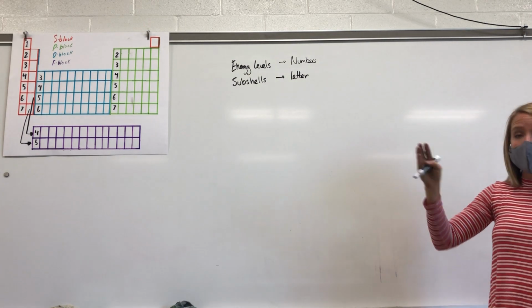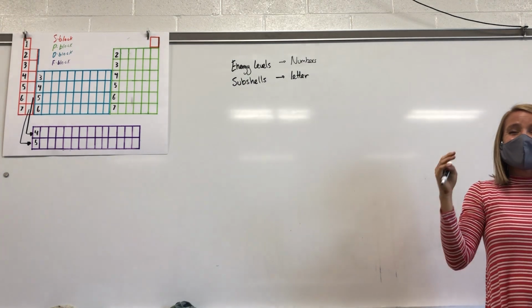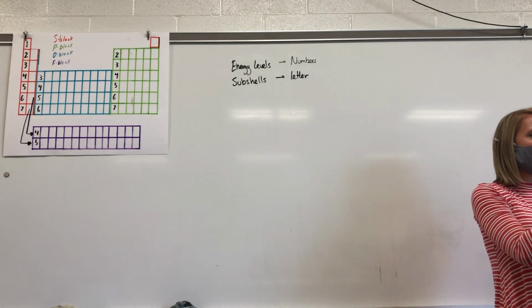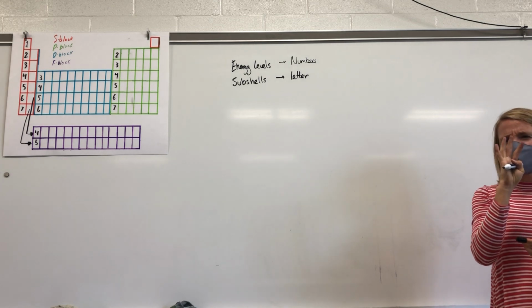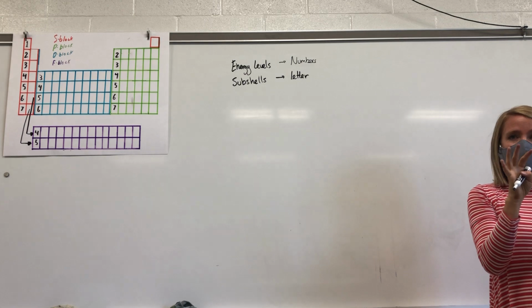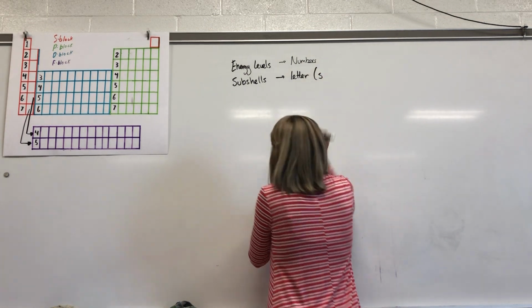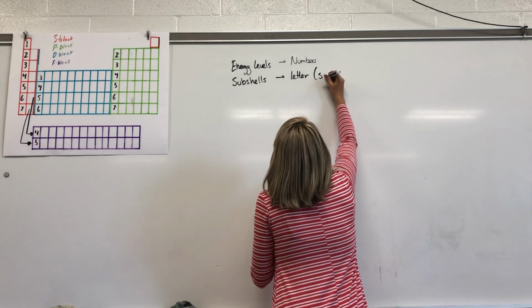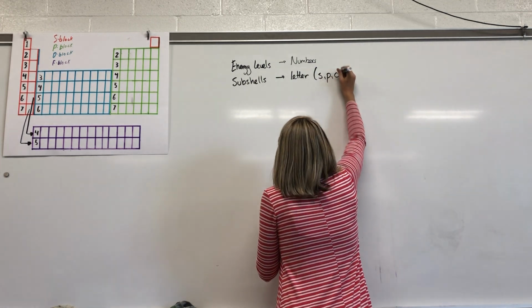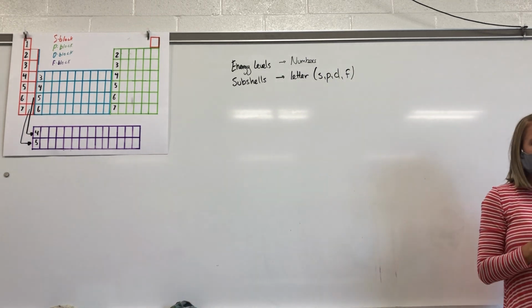Now the numbers go in order of 1, 2, 3, 4, 5, 6, 7, and so on. The letters, though, are very particular. There's 4 types of subshells that have been discovered. There could be another one day if they keep building atoms, who knows? But the 4 options are S subshells, P subshells, D subshells, and F subshells.